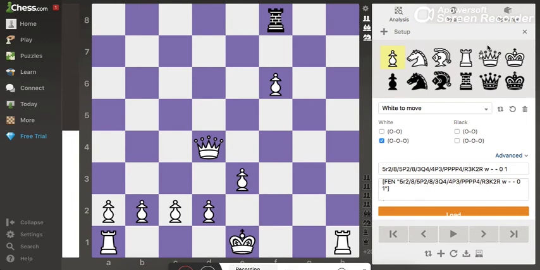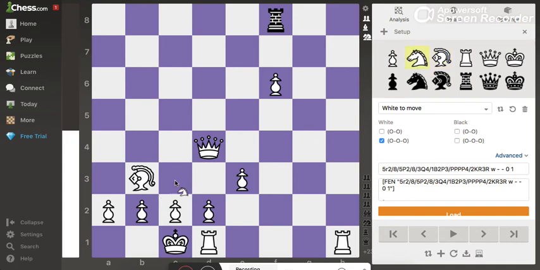So this move is to protect the king. The king comes this side and the rook comes this side. Basically this is done to protect the king and to bring some major pieces up here somehow. So the king is under a lot of protection.